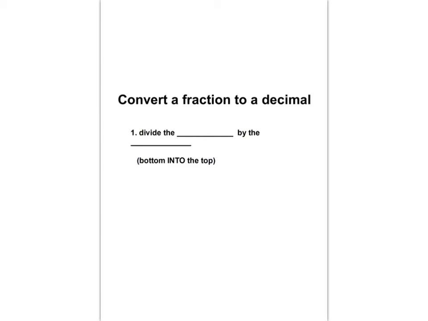In order to convert a fraction to a decimal, we divide the numerator by the denominator. That means we divide the bottom into the top.